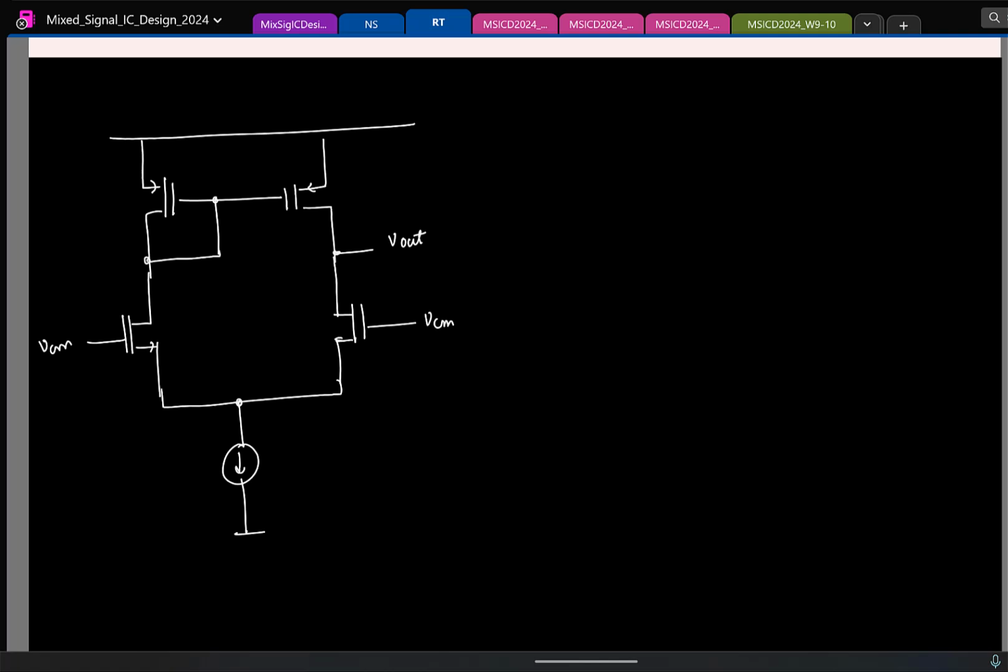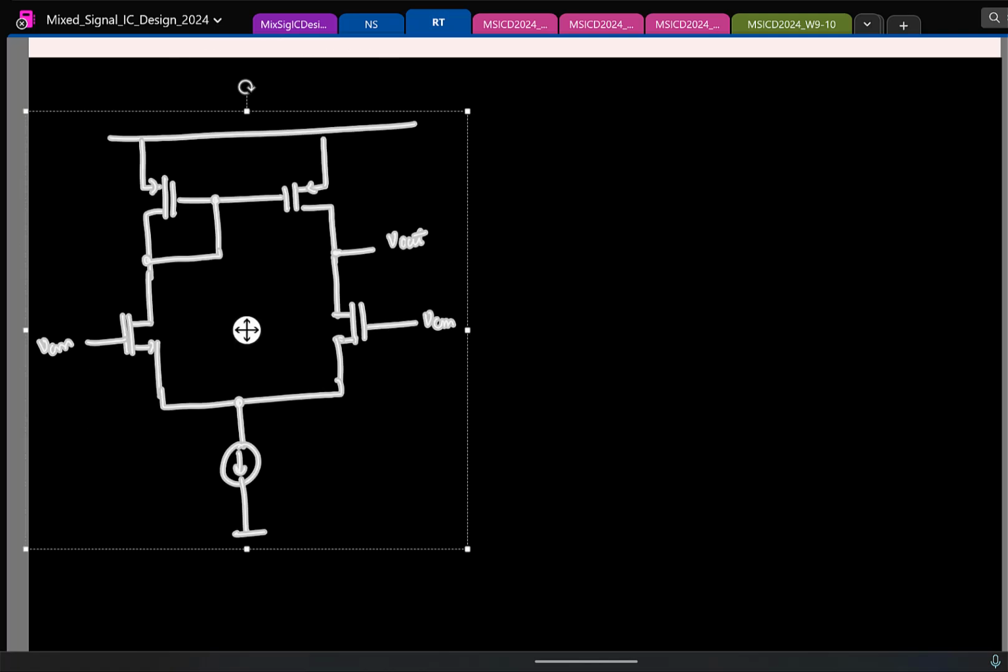I am interested to find what will happen to the output. That is, both the gate voltages are increased slightly by the same amount, and I want to see how much will be the corresponding change in the output voltage. That is the exercise. So let me copy this and maybe draw the small signal here.